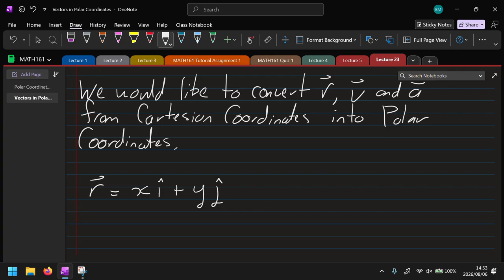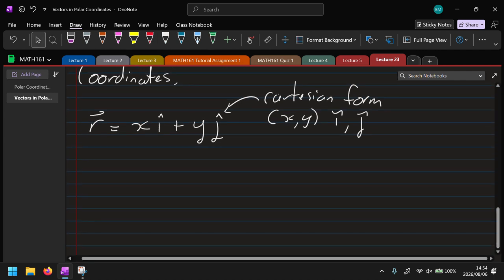Well, we have x and y, we have i hat, j hat. That's Cartesian. We don't want that. We want to write this as r and theta with r hat and theta hat. So how do we do that?